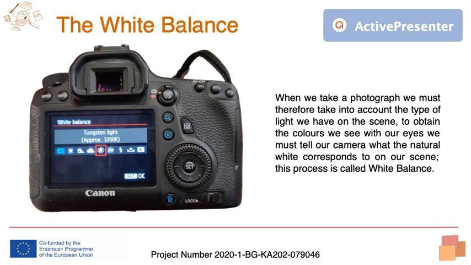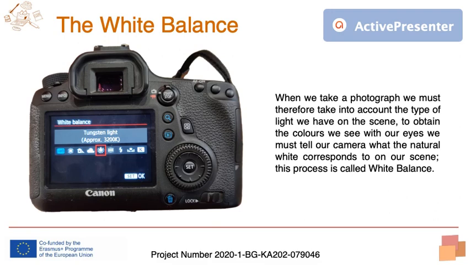To obtain a correct white balance in the camera, we can set the automatic white balance, and then leave it to your digital camera, which will evaluate the scene and set it automatically based on the parameters set by the manufacturer in relation to the color temperature.